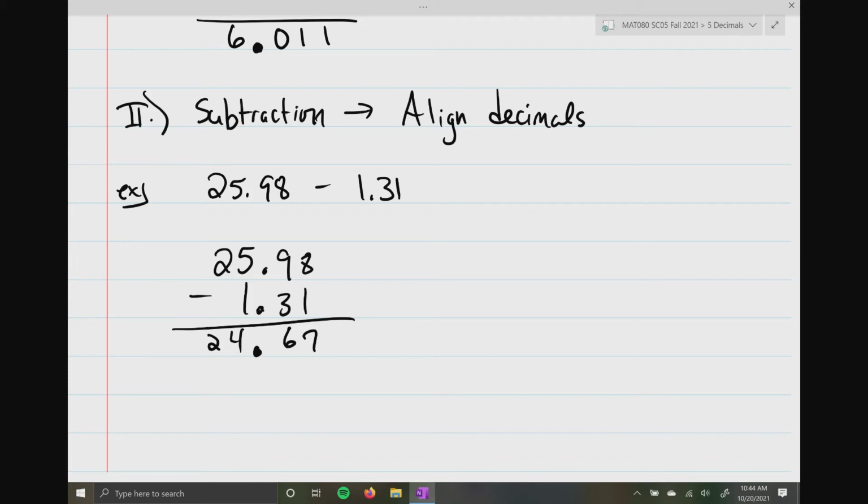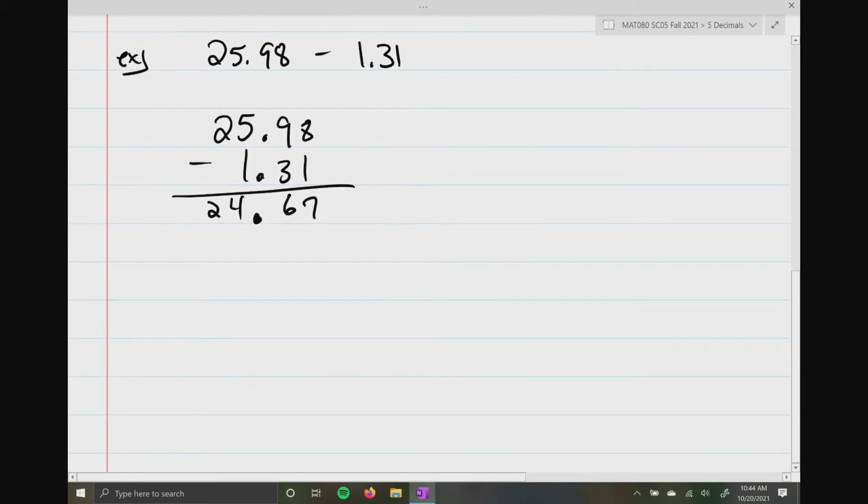The only time this gets a little difficult is with this example right here. 50 minus 2.814. Okay? And the reason why is because it looks like that 50 doesn't even have a decimal point.